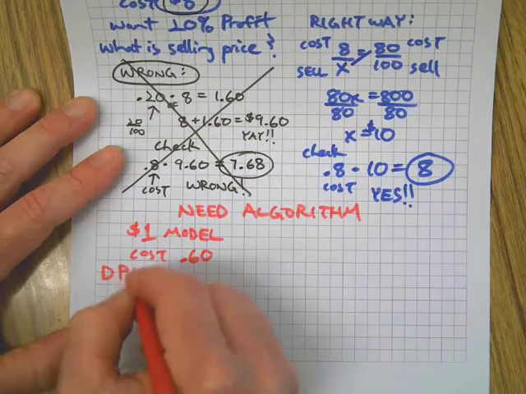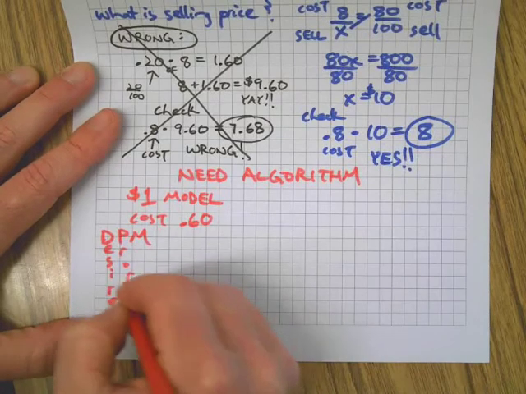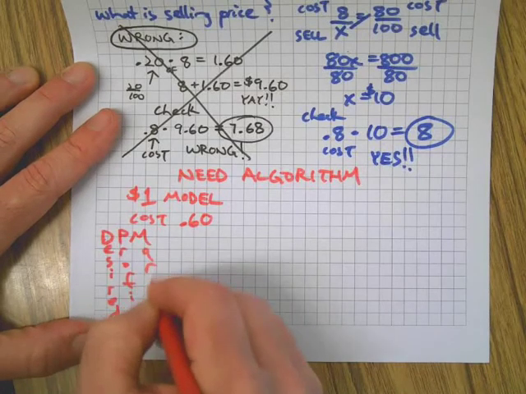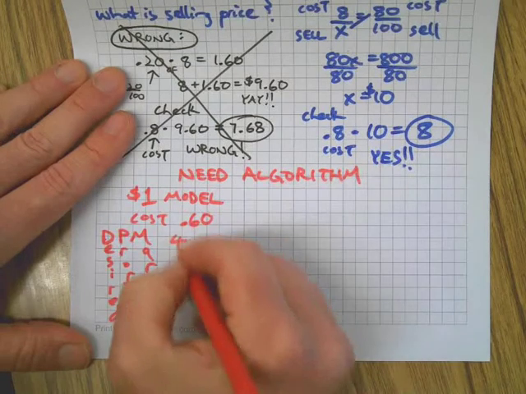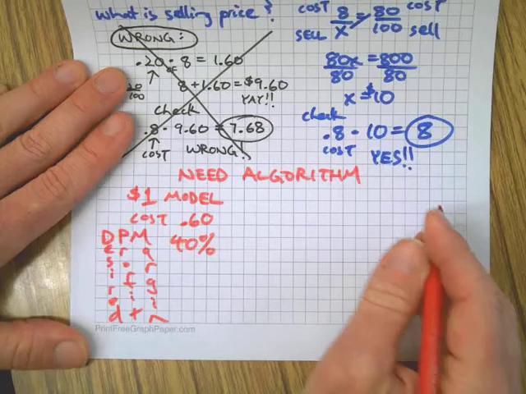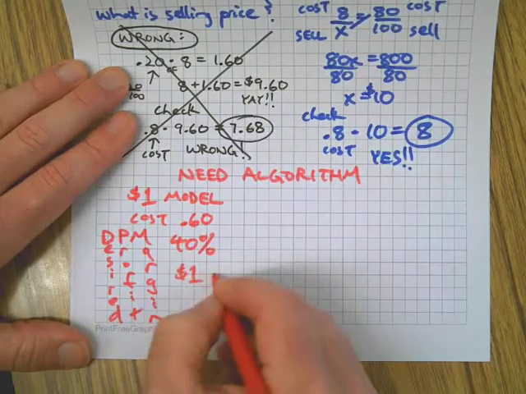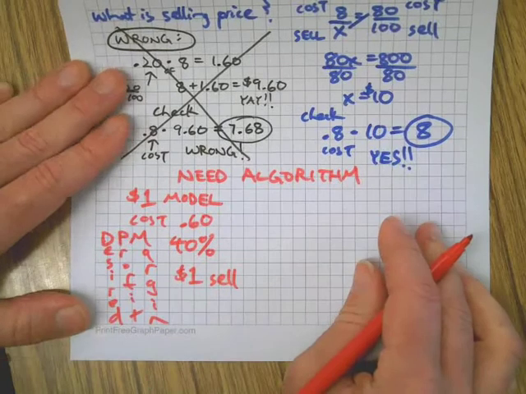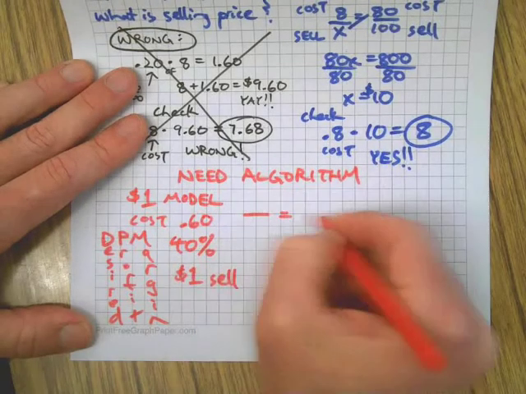and I want, I'm going to call it the DPM, the desired profit margin. Okay, I'm just going to call it the DPM, desired profit margin. If I want a desired profit margin of 40%, we know we're going to be selling that for $1, right? Now, how could we set this up in a way that it makes sense as a proportion?